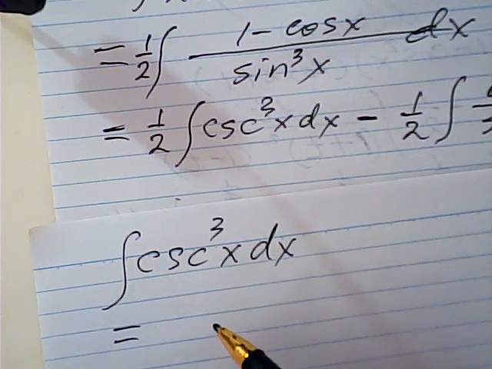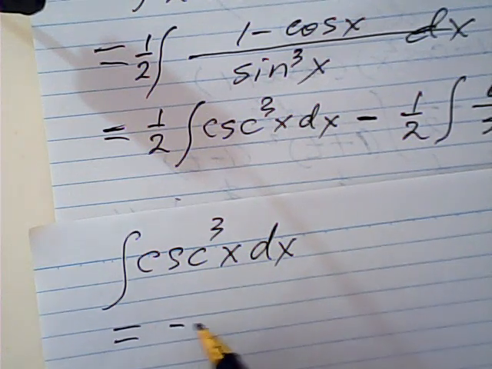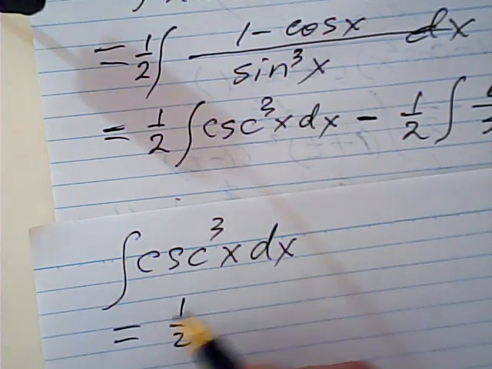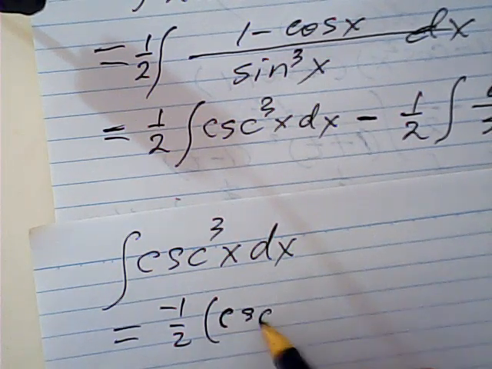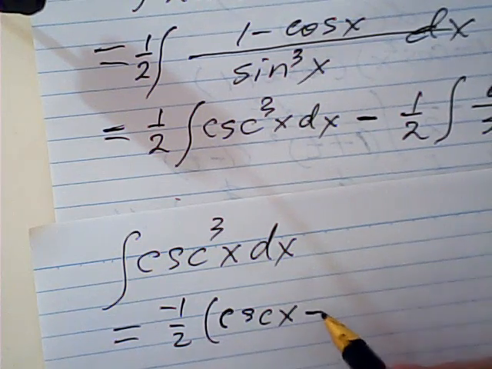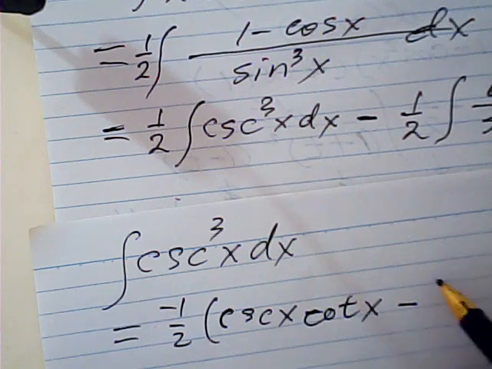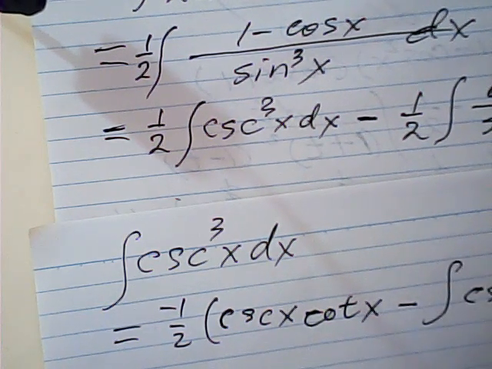This is negative 1/2 cosecant x cotangent x minus integral cosecant x.